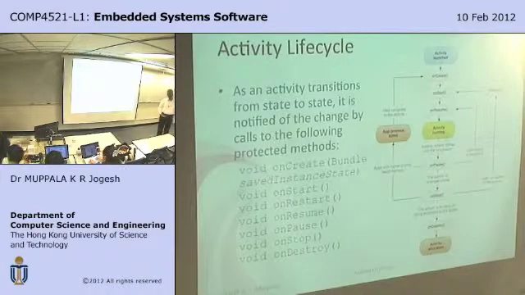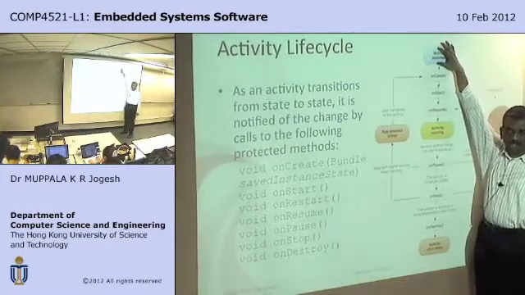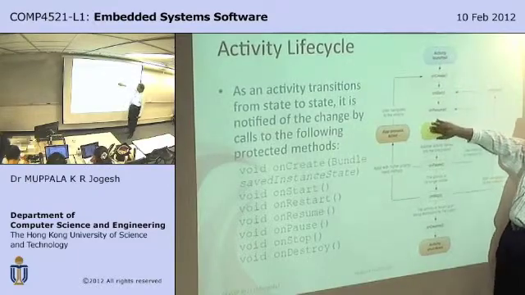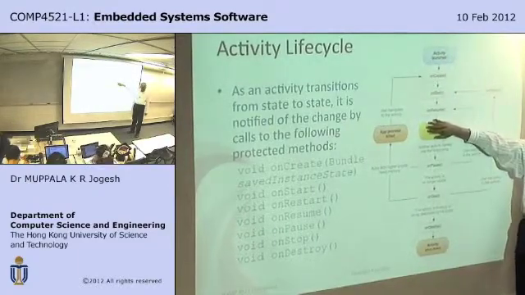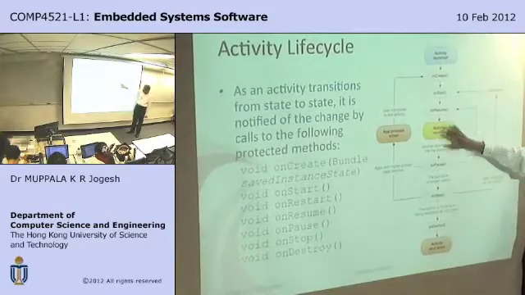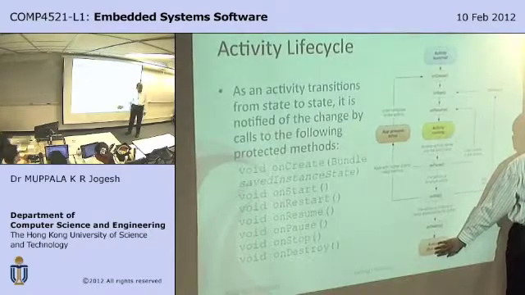Now, how do they work and what is their purpose? I will explain in a minute. You notice that this is the state when the activity is first launched, and then this is the normal state where the activity is running, or resumed state. And then when the activity is done, it will be shut down and gone.